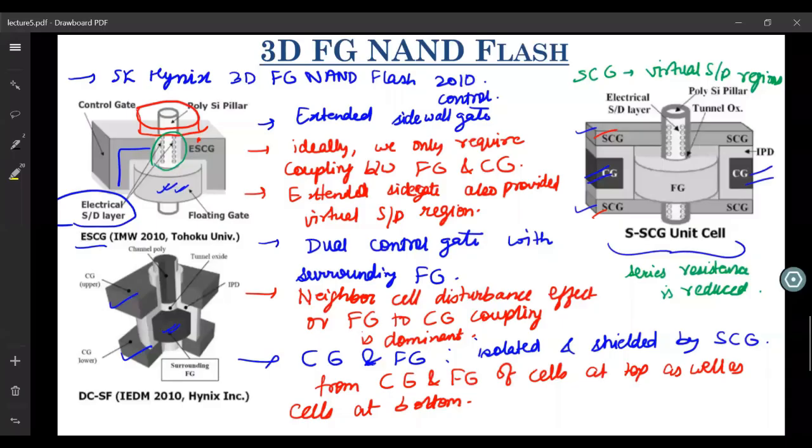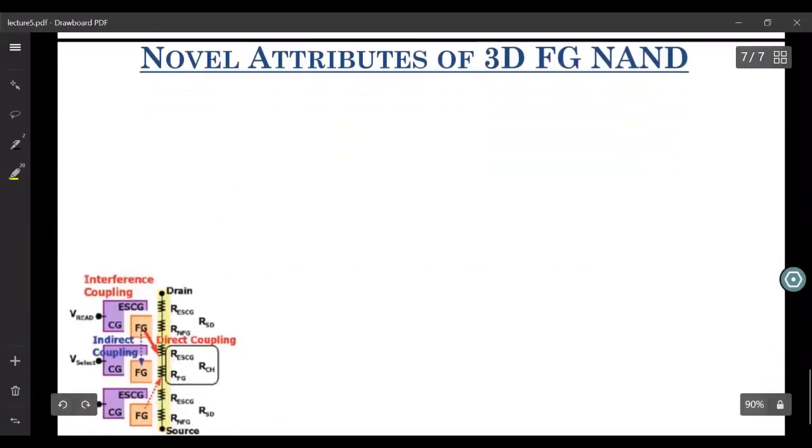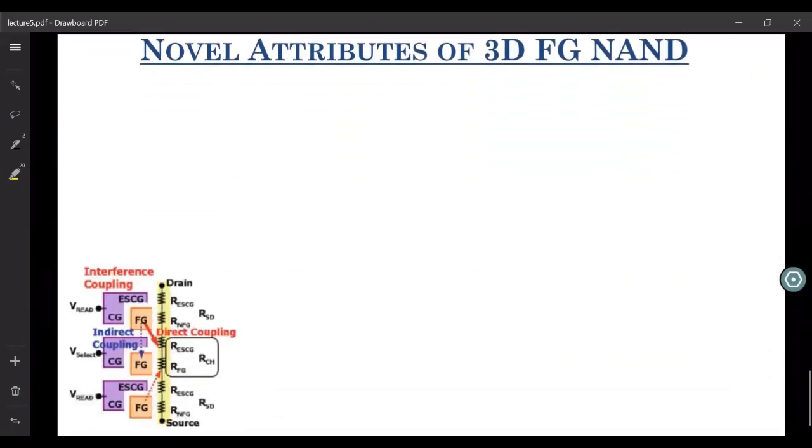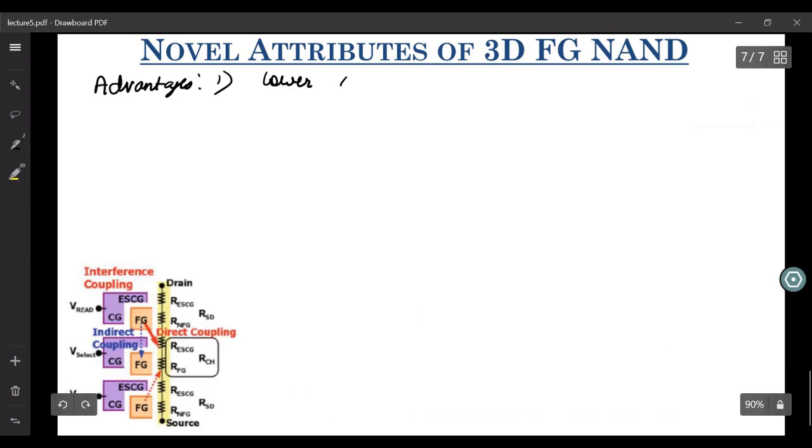Okay. So let me summarize our entire discussion and discuss the advantages and disadvantages of these 3D floating gate cells. Let me first talk about the advantages. Definitely we get an advantage in terms of lower charge spread of the nitride layer because there is no lateral migration component.